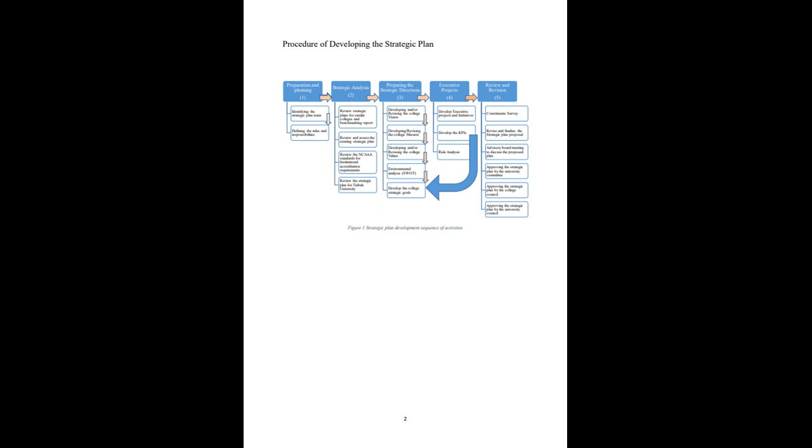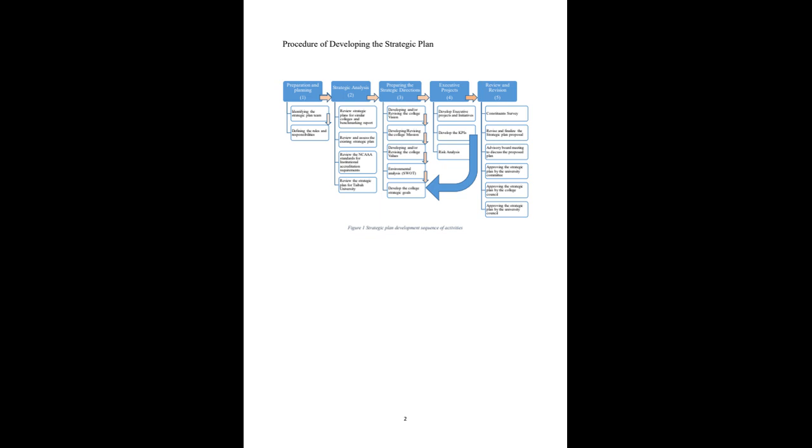We have identified the team who's going to work on the strategic plan. Definitely you need a team, and this team has to be from different divisions, different departments, and different levels in the organization to work on the strategic plan.